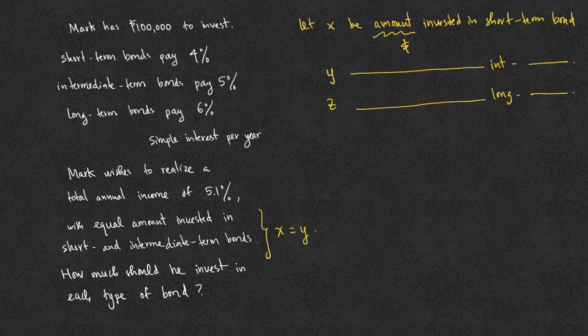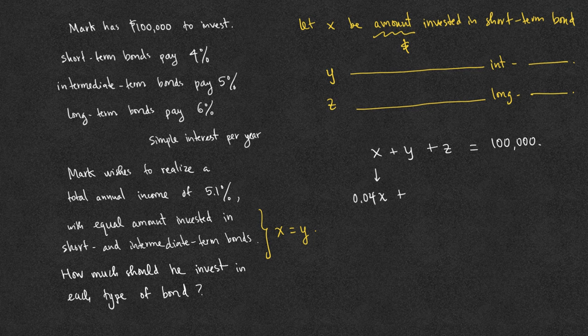He has a total of $100,000 to invest. What this means is that if we take X plus Y plus Z, the total has to be $100,000. To realize 5.1% annual income, where 4% is being paid to the X amount, the interest in the short-term bond is therefore 0.04 times X, simple interest per year.